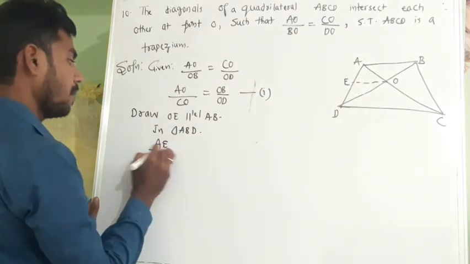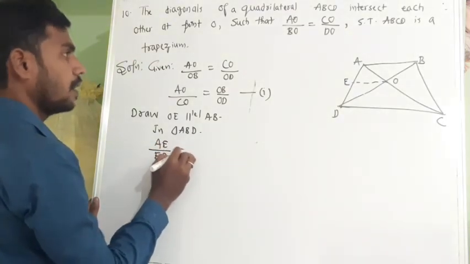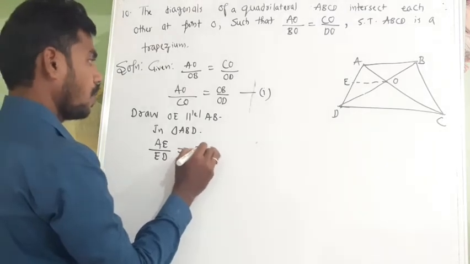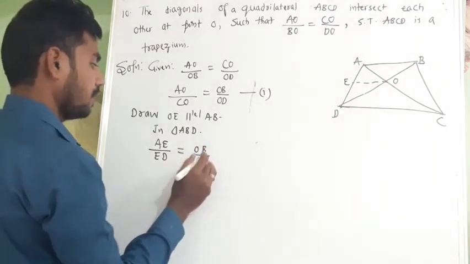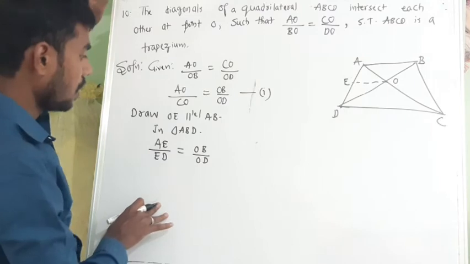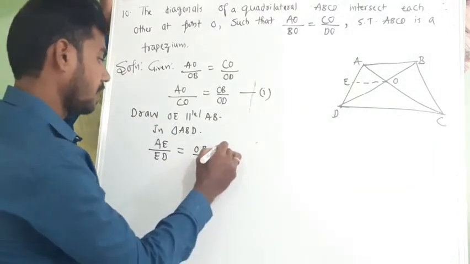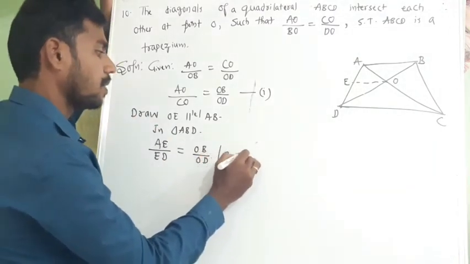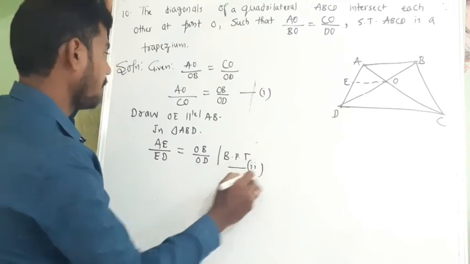AE by ED is equal to OB by OD. Why is this? Because of the basic proportionality theorem. I'll call it equation number 2.